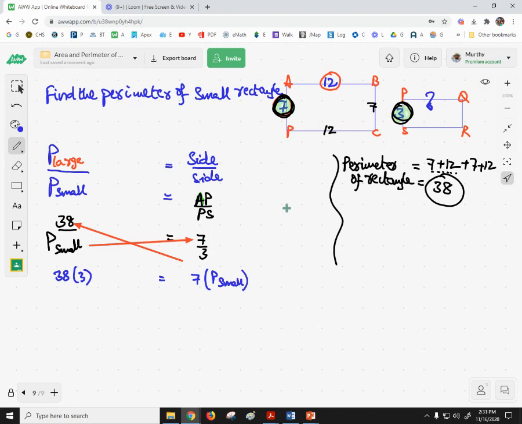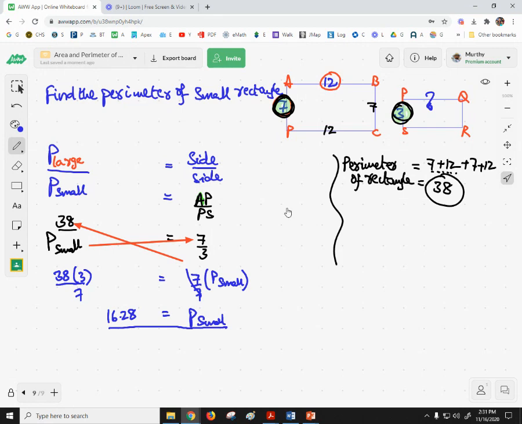So please compute and check what the answer is. After computing, you will see that division by 7 on both sides. So the perimeter of the small rectangle equals 16.28 units.